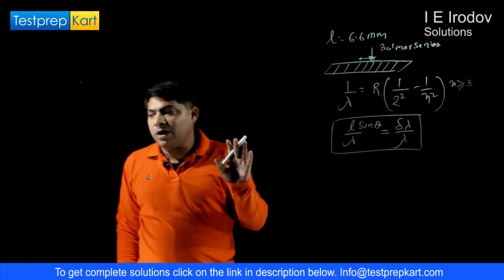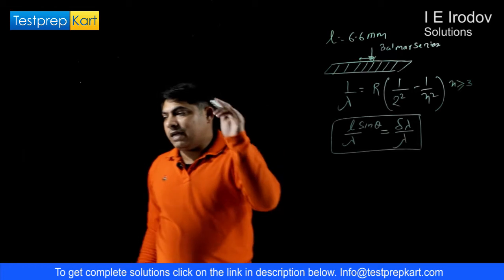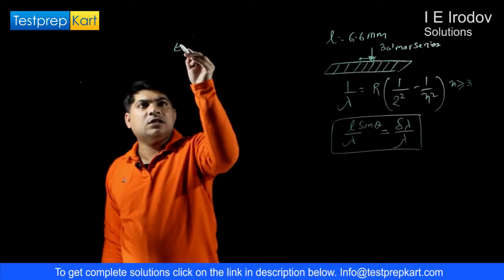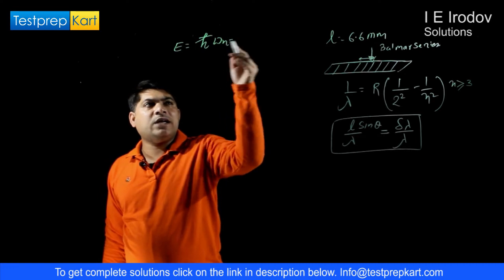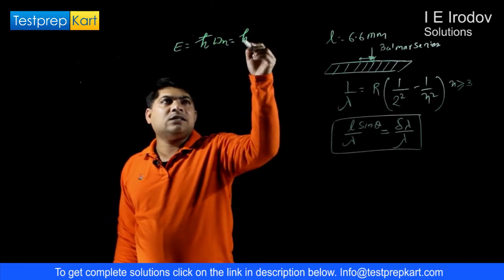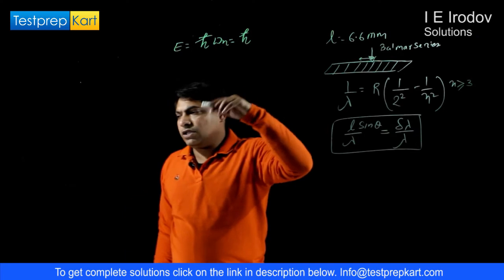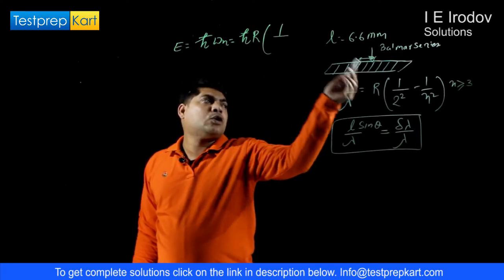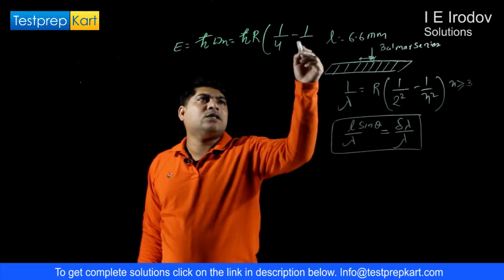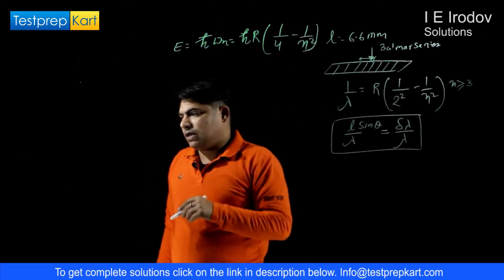If we look at the Balmer series expression, then the energy in the case of the Balmer series, E equals h omega n, can be written as h R into (1 over 2 square, that is 4, minus 1 over n square).